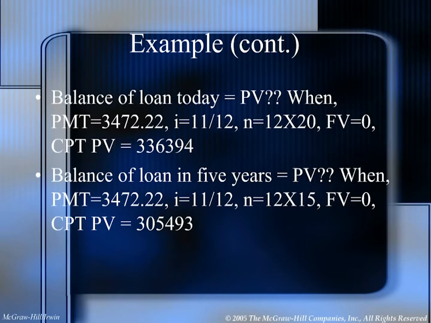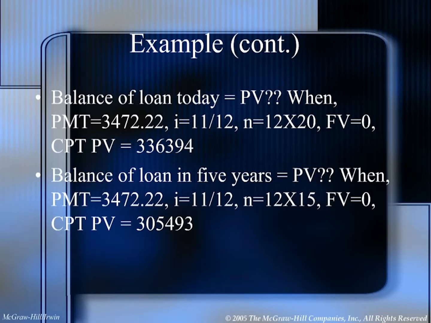Okay, now we're going to need the balance of the loan today because we're going to have to use that amount to add to the equity value to get the total value of the property. So to find the value of the loan today, the payment is $3,472.22.